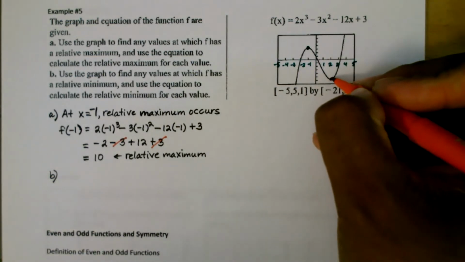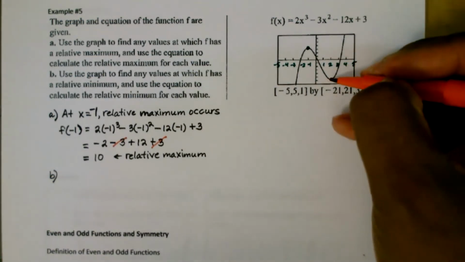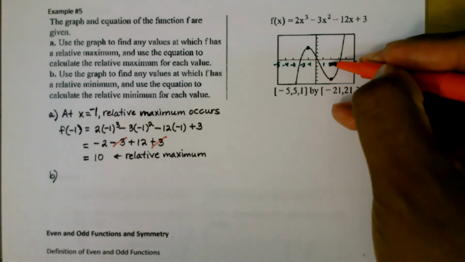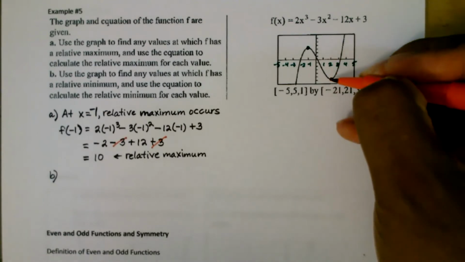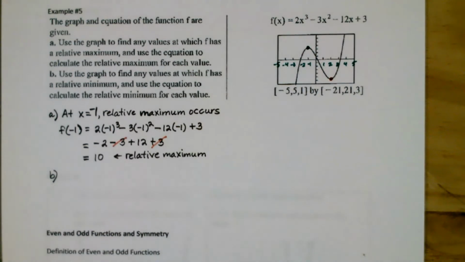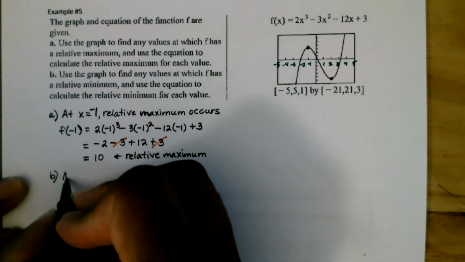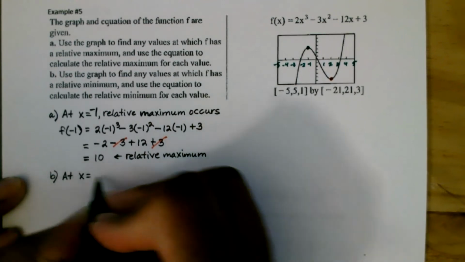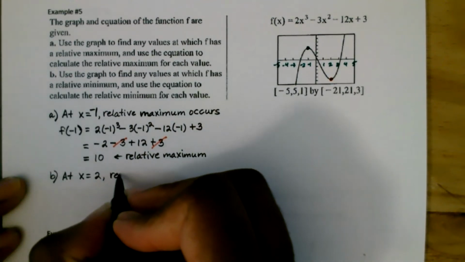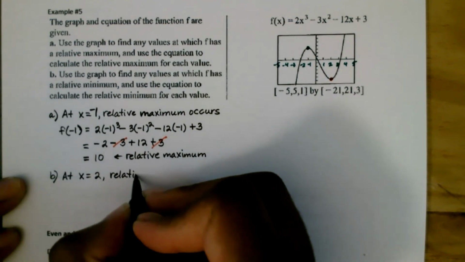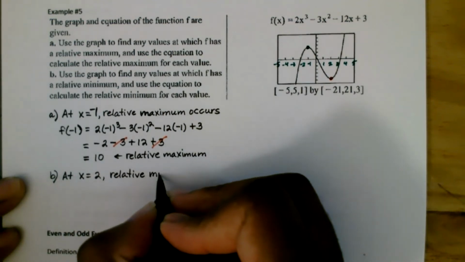That's down here. And the x value where that relative minimum occurs is at x is equal to 2. Okay. So at x is equal to 2, that's where our relative minimum occurs.